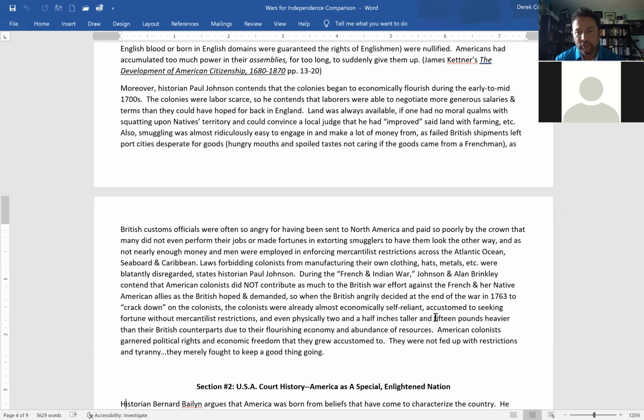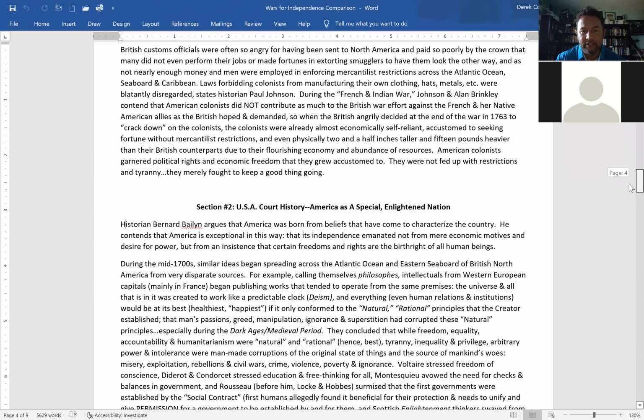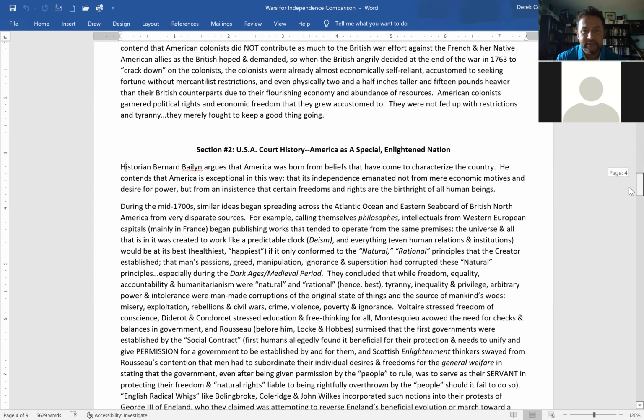And so when the English tried to put them in their place at the end of the French and Indian War, the Americans felt they almost by habit, by tradition, and by instinct desire to fight to keep a good thing going. All right, so that's known as the salutary neglect thesis. Some people adhere to it in explaining our war for independence.